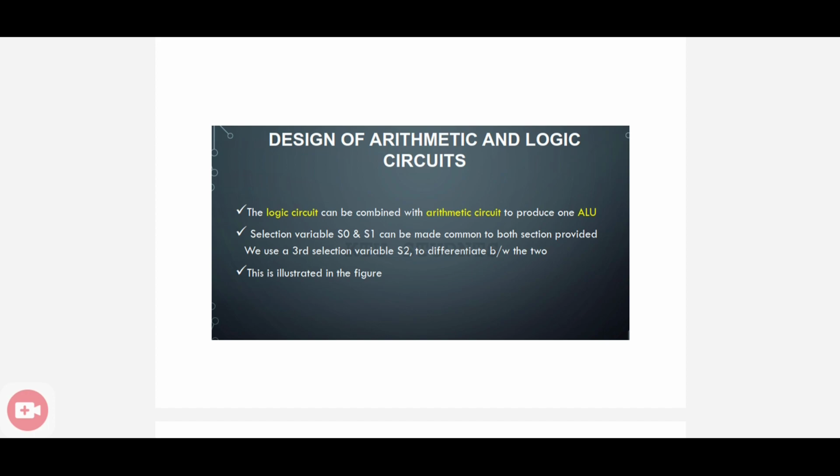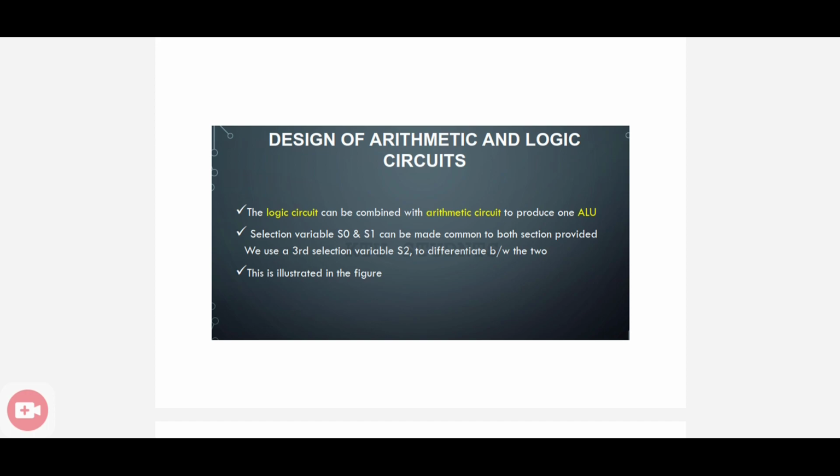In both the arithmetic circuit as well as the logic circuit, we are using 2 selection variables, S0 and S1. And what is the use of these 2 selection variables or selection lines? For selecting a distinct operation. So in the ALU, there will be an arithmetic part as well as a logic part.